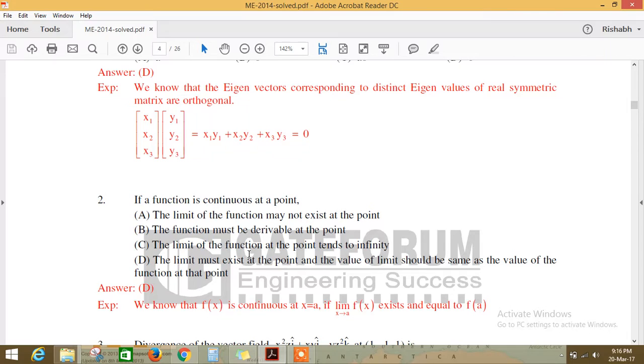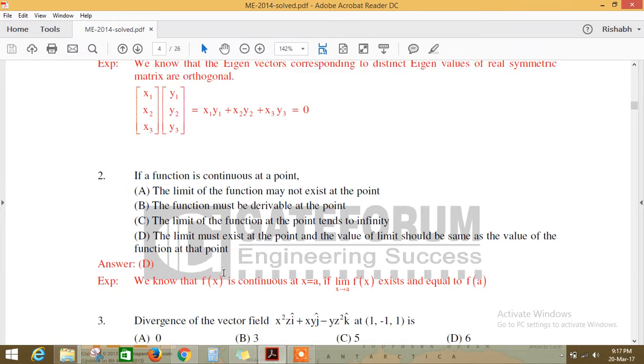The limit of the function at the point tends to infinity: not at all possible. So the last option is correct. The limit must exist at the point and the value of the limit should be the value of the function at the point. This is the definition of the continuity of a function at a particular point. So option D is correct.